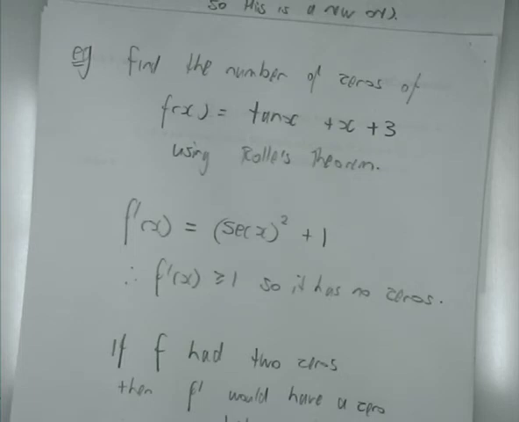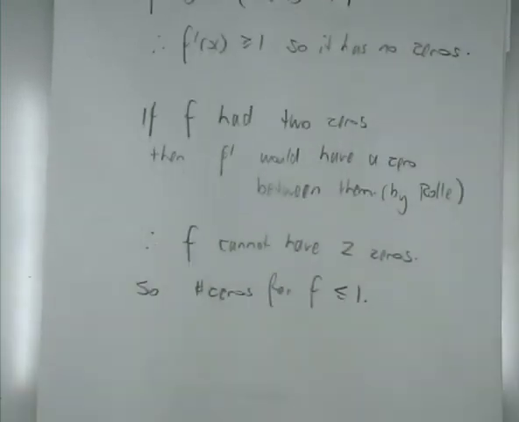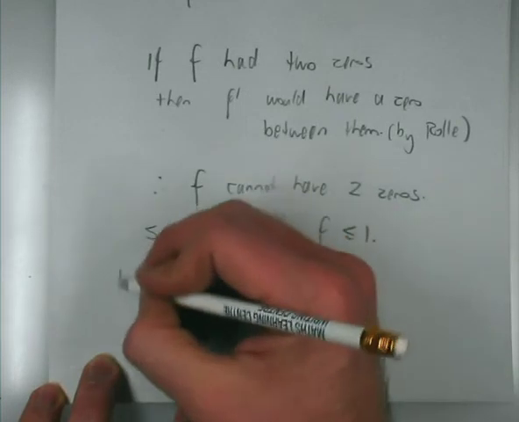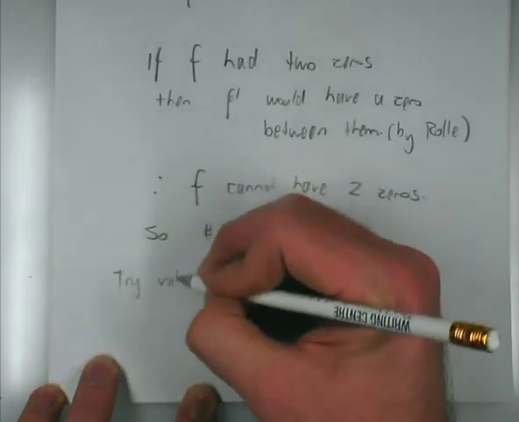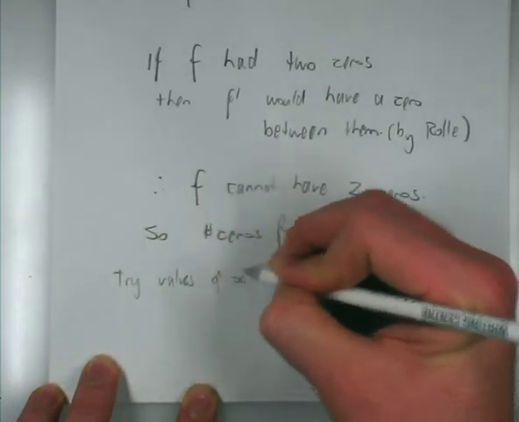If x is quite close to pi on 2, say, tan has an asymptote at pi on 2, which means that tan can be as big as I want. So at this stage, to figure out how many zeros it has, I need to figure out what f of various things is, so we're just going to try values of x for a while.